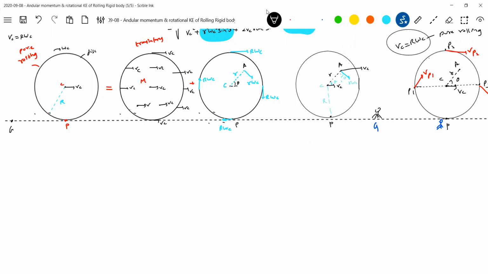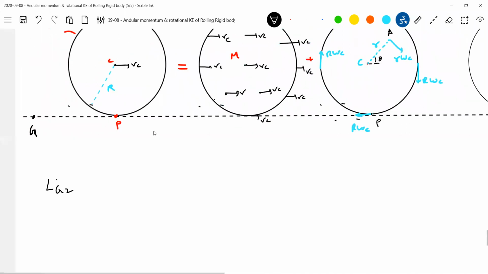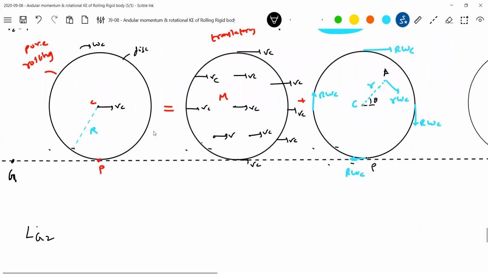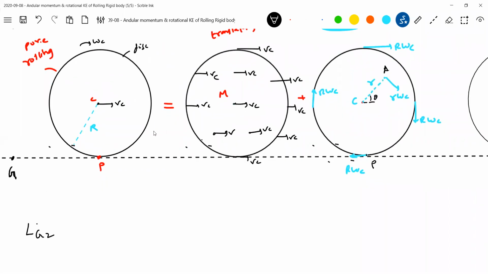Looking at this diagram, write LGZ, LPZ. I'll expand it. Already I think we have discussed just now how to calculate the angular momentum.